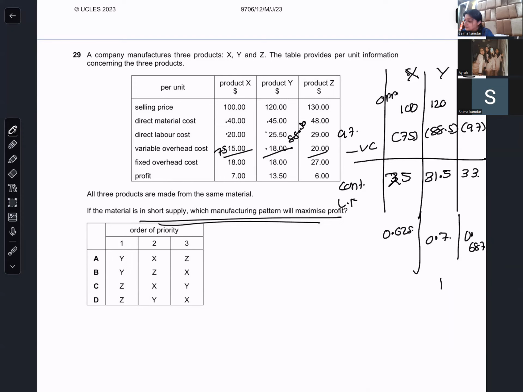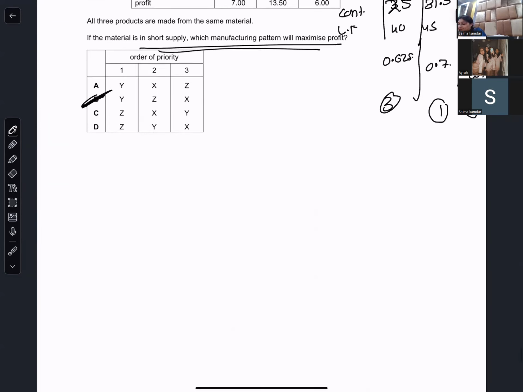So first you'll do 0.7, so it is Y. Then second you'll do Z. Then third you'll do X. So contribution per limiting factor gives YZX. Option B.